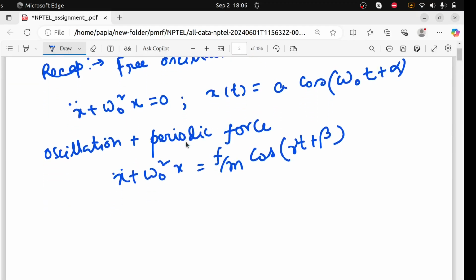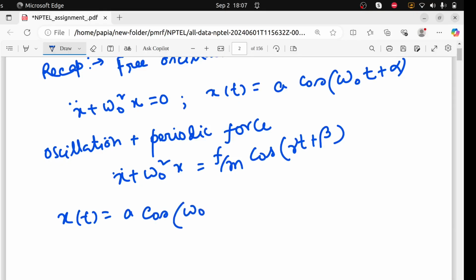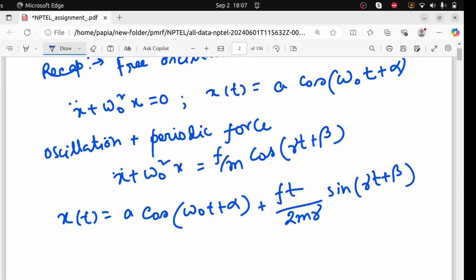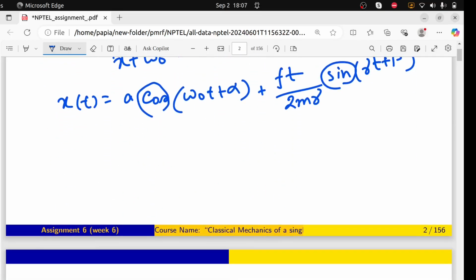The solution for that is a cos(omega 0 t plus alpha) plus f t by 2 m gamma times sin(gamma t plus beta). You can see that one is a cos function and the other is a sine function, so they have a pi by 2 phase difference.